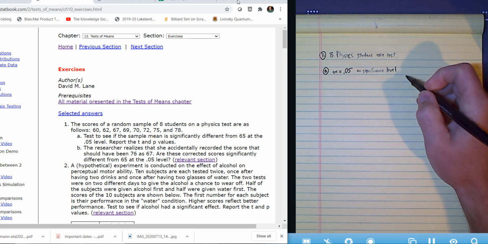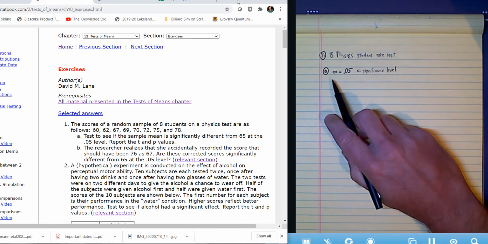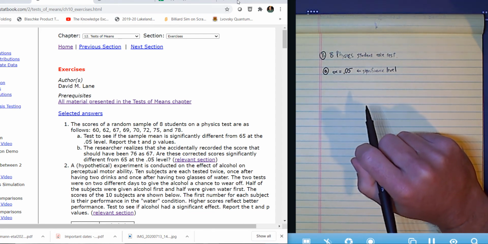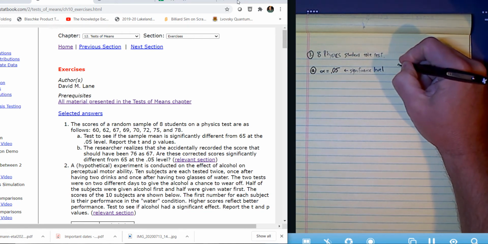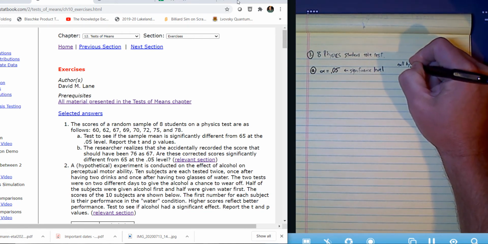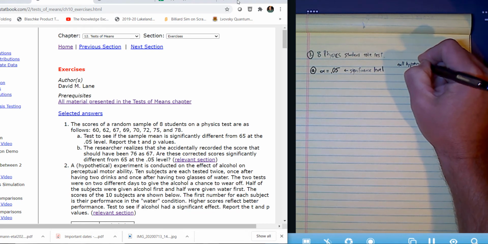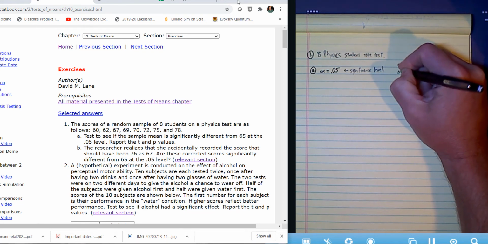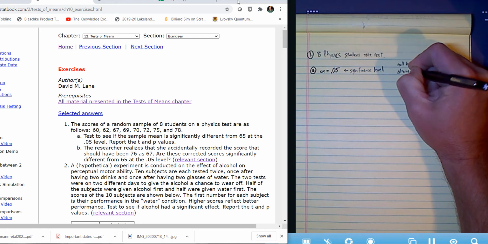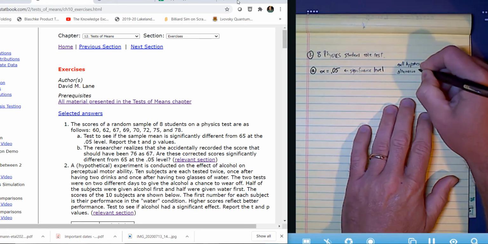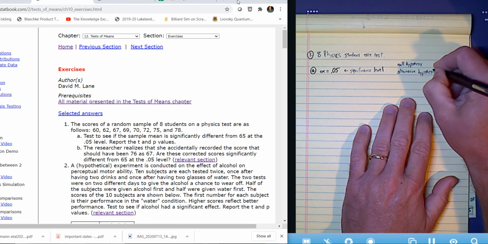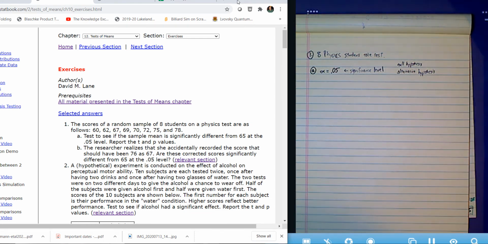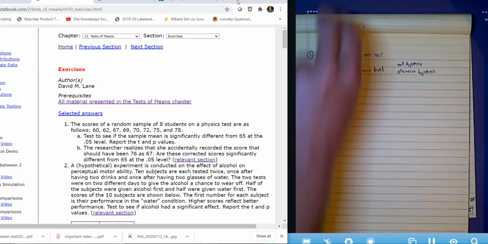Basically, if the p-value is lower than the significance level, then we reject what's called the null hypothesis. So there is the null hypothesis, and there is the alternative hypothesis. It's funny, I'm not really doing the problem yet, I'm just trying to make sure you understand the concepts from chapter 14 before I start working on the problem.